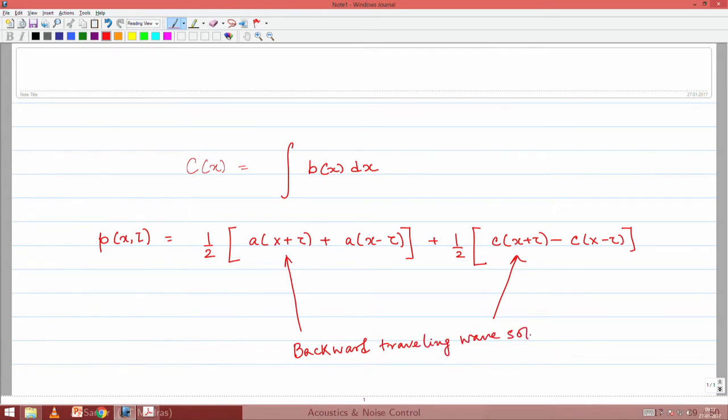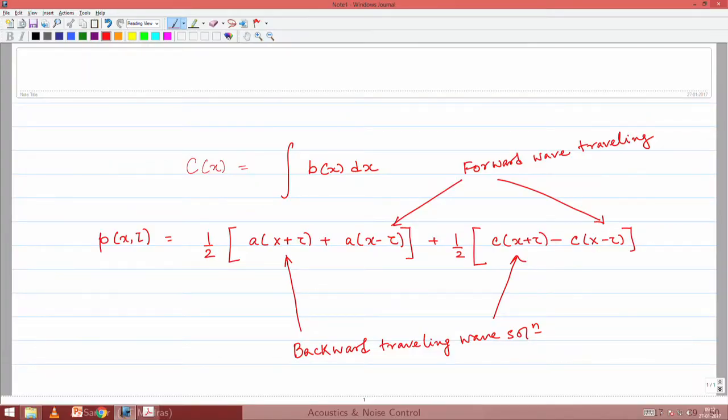We know that the general solution of the wave equation bears two components, one which is forward travelling and the other which is backward travelling. So, we directly see the backward travelling wave component, and we also see the forward travelling wave component, which is this. This should not be any surprise that the D'Alembert solution is actually not giving you any new kind of solution, it is simply specifying the functions f and g.